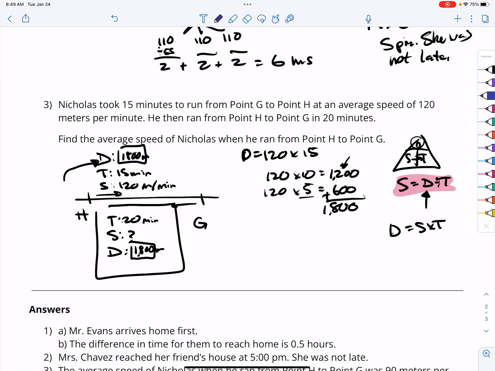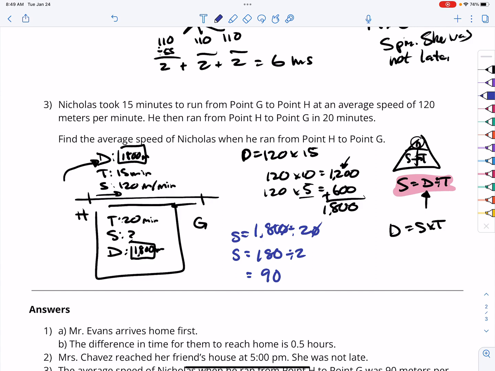All right, let's check your calculations. Speed equals distance, which is 1,800, divided by time, which is 20. So I'm going to use a proportional relationship, divide both of these by 10, and so I have 180 divided by 2, and that's going to be 90. So Nicholas's speed from point, oh, there's a typo.